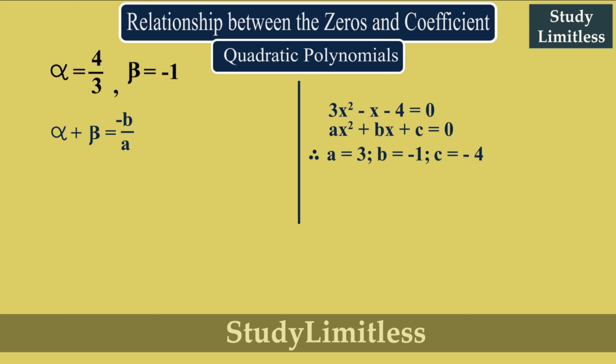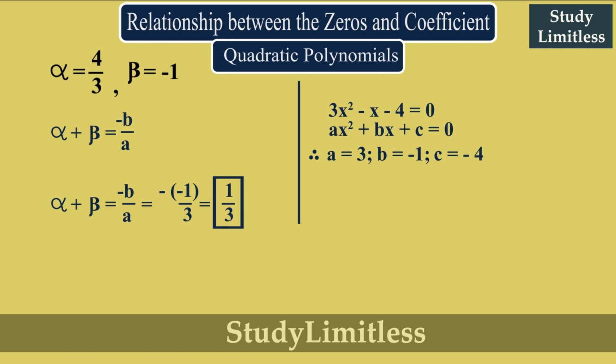If we put the values in, alpha + beta = -b/a = -(-1)/3, and minus minus becomes plus, so we get 1/3 as the answer.